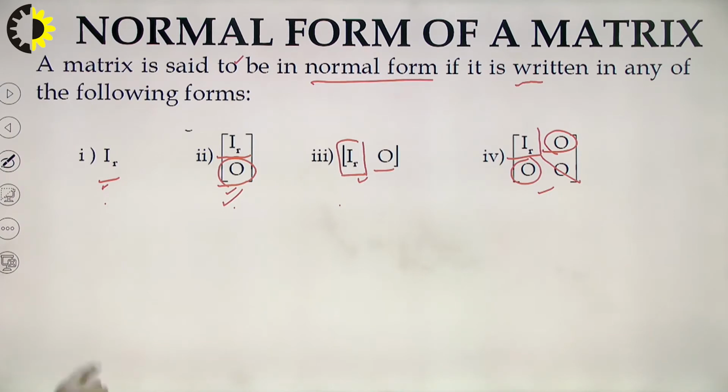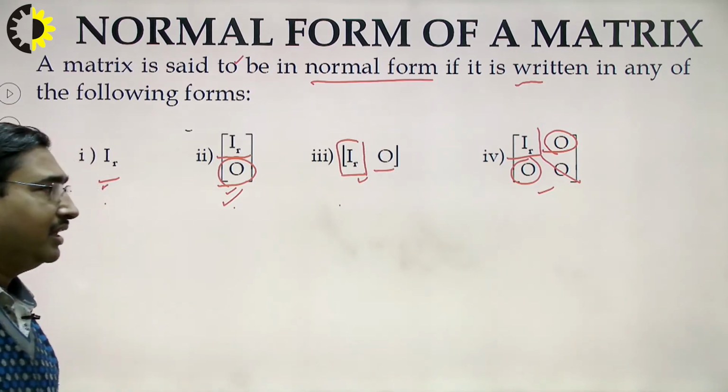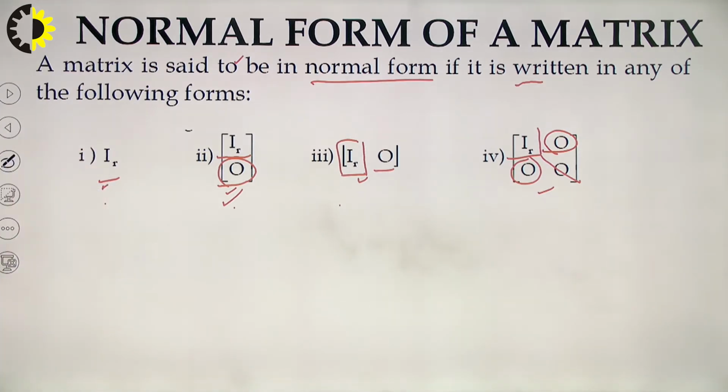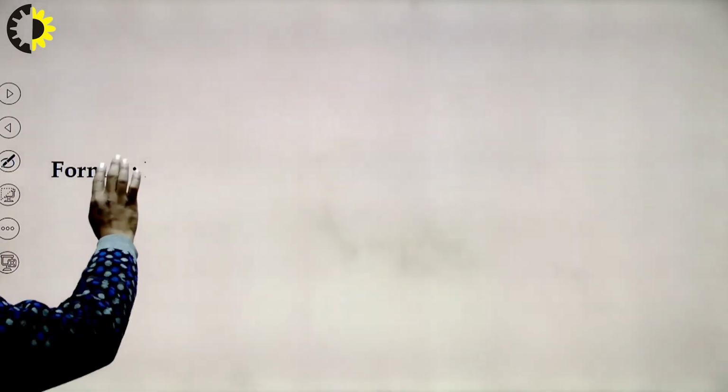We shall understand these forms with the help of examples, because these will be required to identify in each problem, and so we must be comfortable identifying whether the matrix is in normal form or not. First of all, I understand this form I_r with the help of an example.